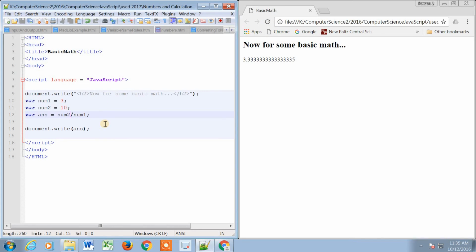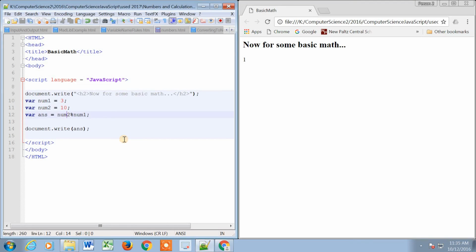If I just want the remainder of that division, I can use the percent sign, and that will give me the remainder. In other words, this will take num1 and divide it into num2 and give me the remainder. So let's see what the remainder is. The remainder is 1. In fact, 3 goes into 10 3 times with 1 left over. So that's the remainder of division.